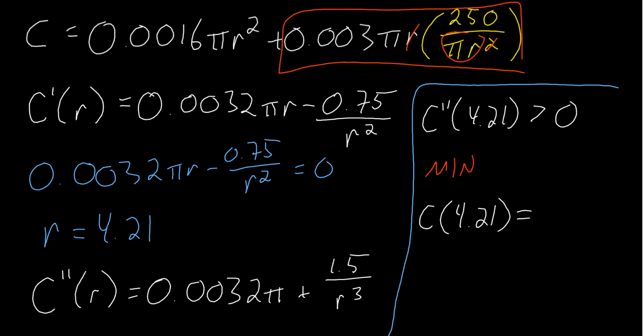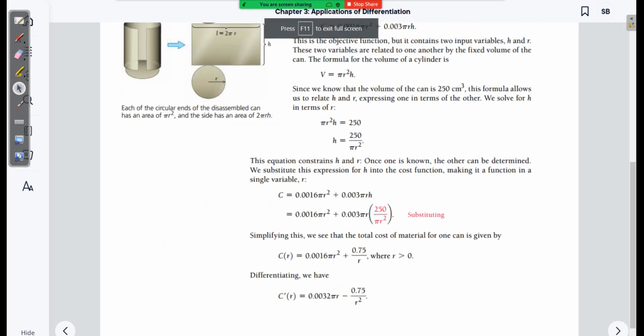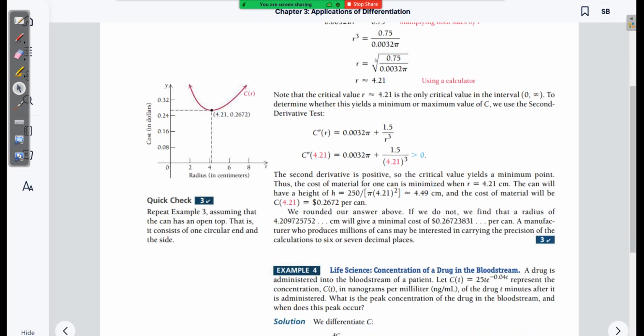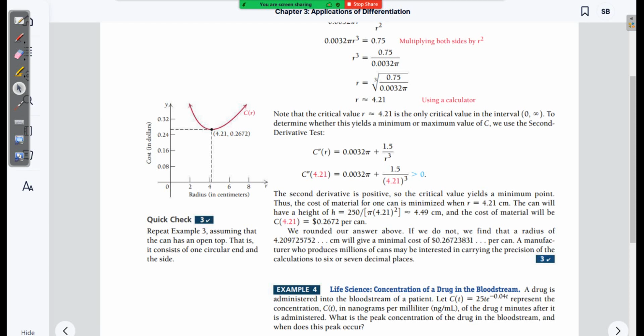We're just going to go ahead and snip that part of the problem because we're at 40 minutes already. C of, there it is right here.